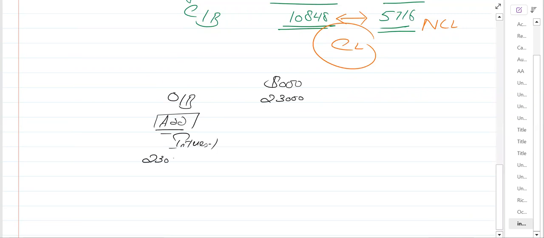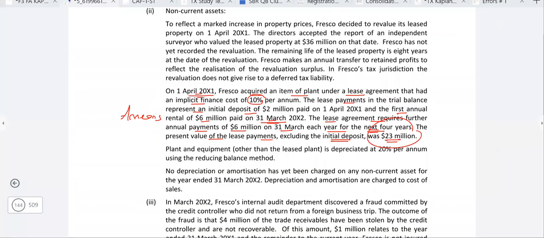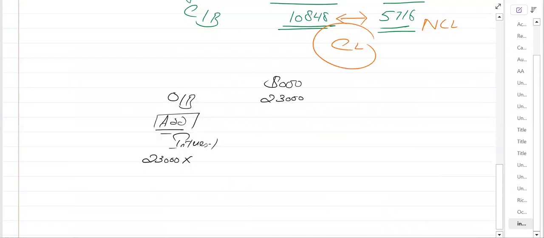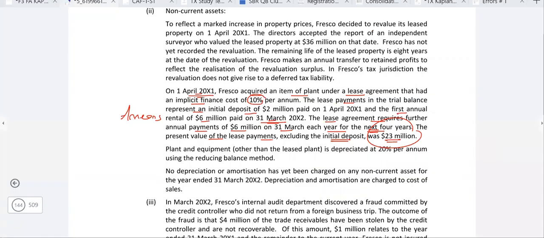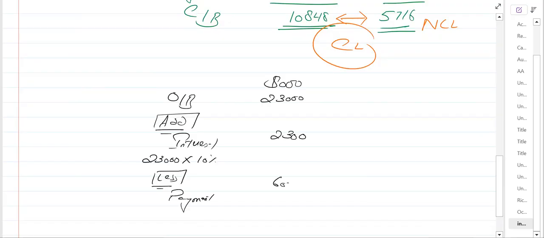Interest is 23,000 into an implicit rate of 10%, so that gives you 2,300. And then we deduct the payment from it. Payment is the fixed lease payment, which they have mentioned is 6 million per annum, so that is 6,000.